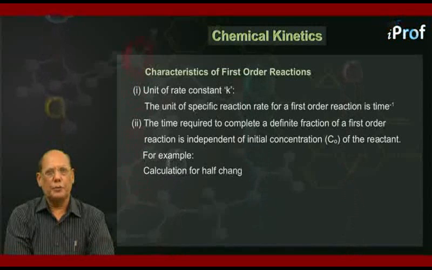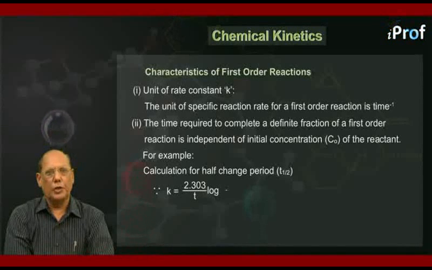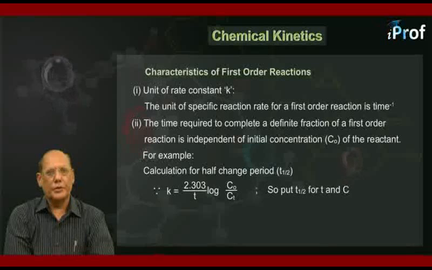For example, calculation for half change period T half. Since K is equal to 2.303 upon T log of C0 upon Ct, put T half for T and C0 by 2 for Ct.